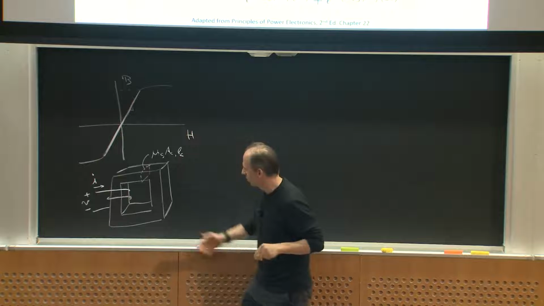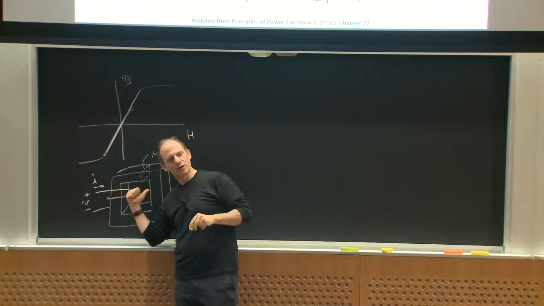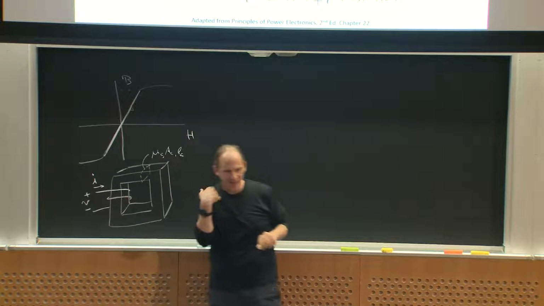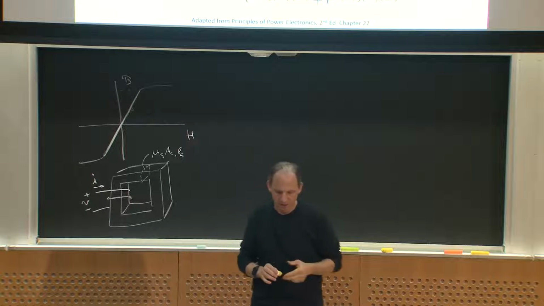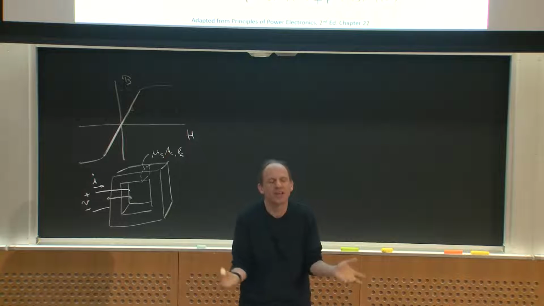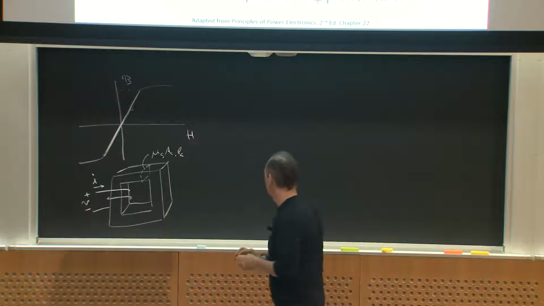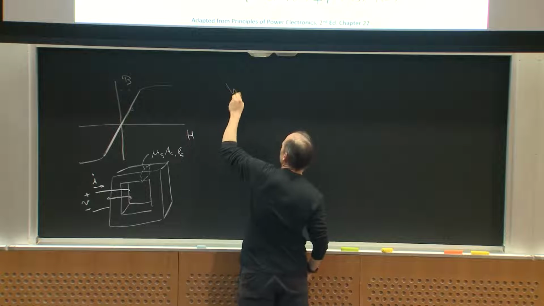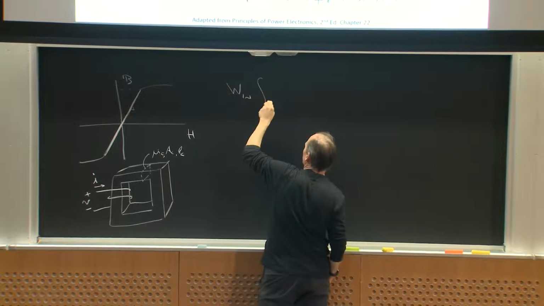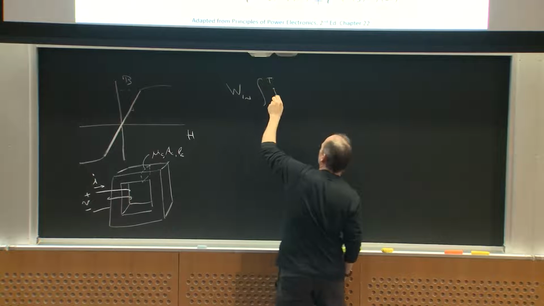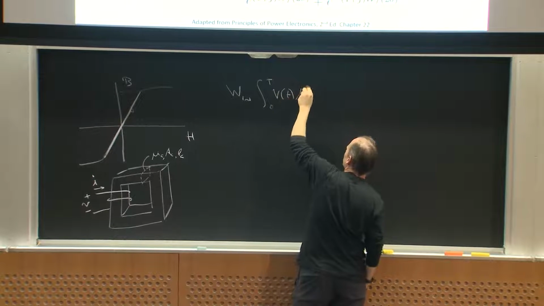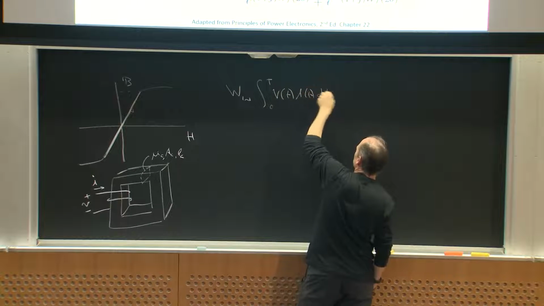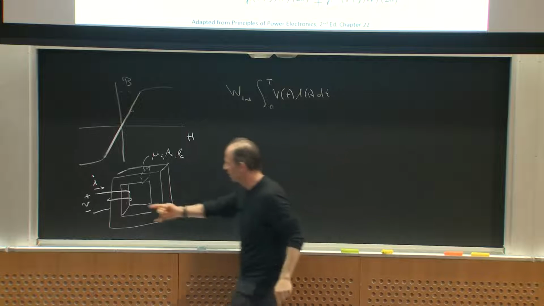What would the net power going into the core look like, or the net energy? Let's calculate the energy that I'm putting into the core, right? So the input energy would be the integral over a period of V of t times I of t dt, right? It's the voltage applied times the current.